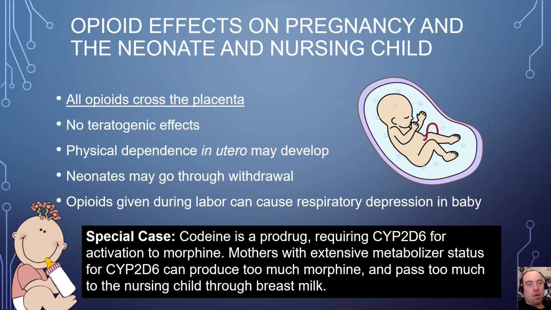That means they have excess CYP2D6 activity, and they can produce morphine too rapidly and then pass too much through the breast milk and actually cause lethality. It's been shown to happen. There was a case several years ago where a baby died from having too much morphine because, even though it doesn't happen very often, the mother was producing way too much morphine even with a normal dose of codeine. So that's just highlighting the importance of understanding the pharmacogenomics associated with some of these drugs.